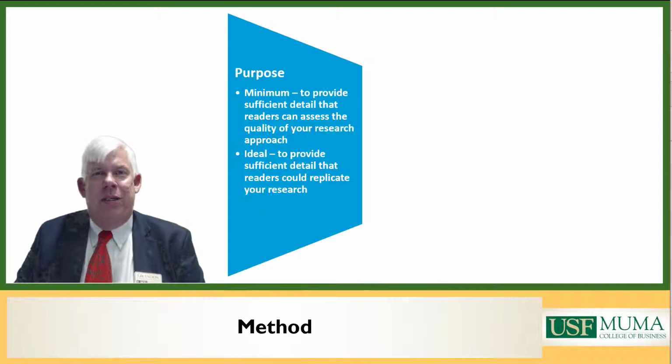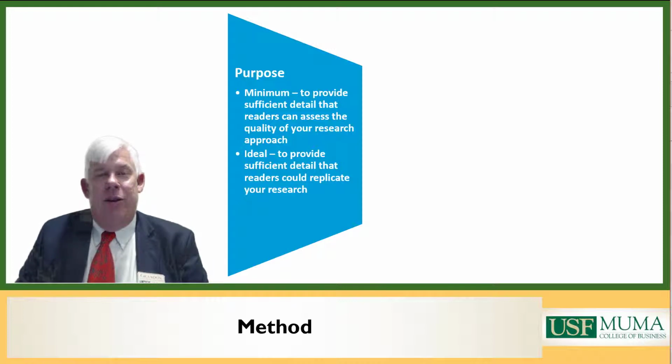Remember that the purpose of the methods section is to provide the reader with sufficient details so that they could replicate the research or at least make a reasonable stab at it. That adds credibility if they understand the approach you took makes sense. And in an ideal world, they would be able to take the exact method that you provide, like a recipe, and recreate the research with it.